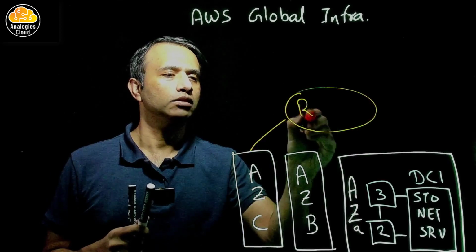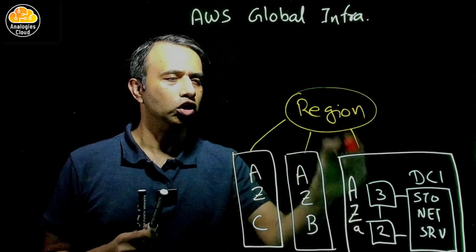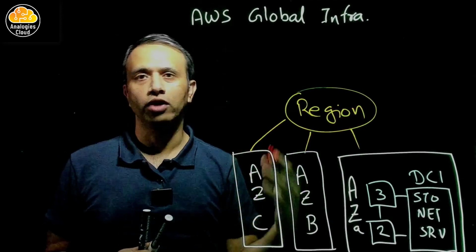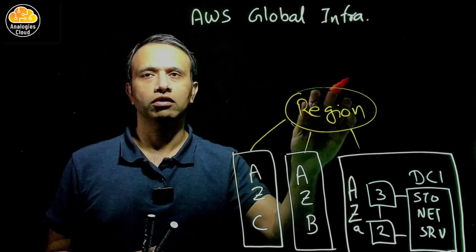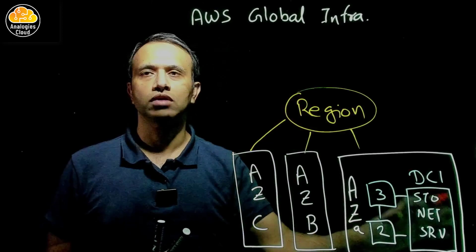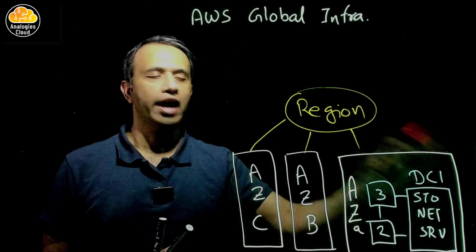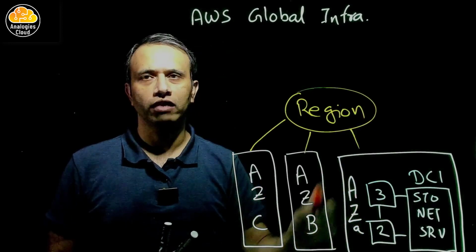And as a customer, your interaction with AWS will start with a region. You would select a region to host your application or workload, and you can expand to multiple regions also if you want to. So you start your interaction with a region, which is made up of availability zones, and availability zones are made up of data centers, and data centers would be made up of their own servers and other infrastructure components.